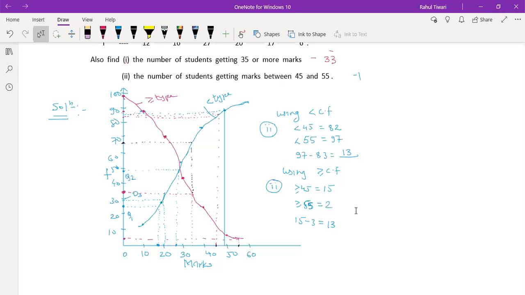Sir, 97 minus 83 would not come there. You just change it according to that; I have just changed it above. Yes, 15 will come there. Just change. This is going to be 4.